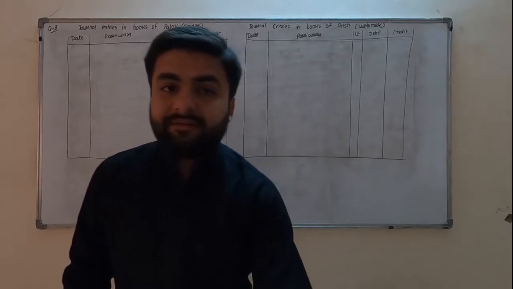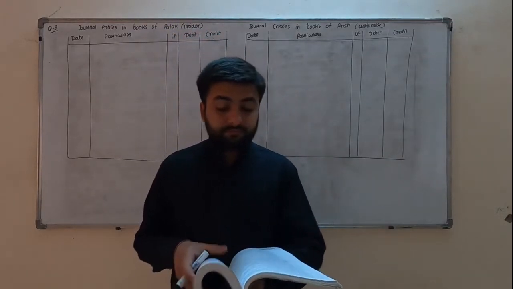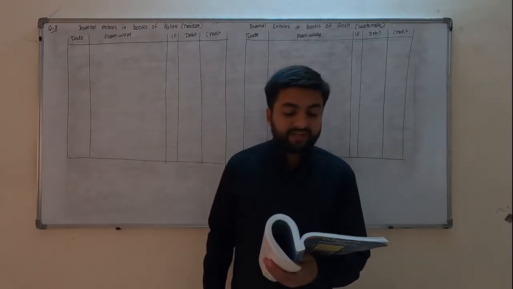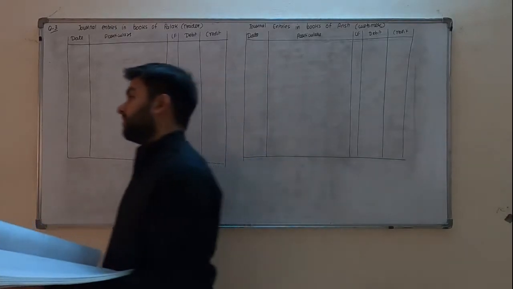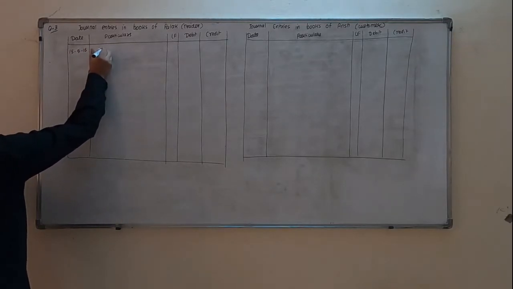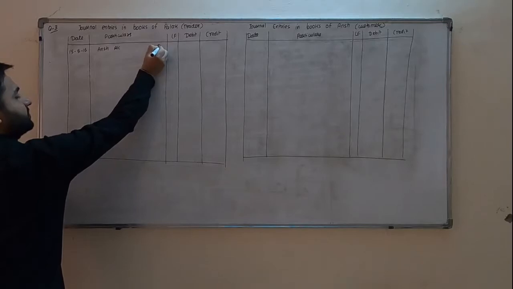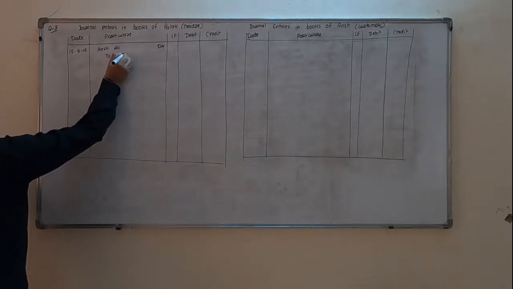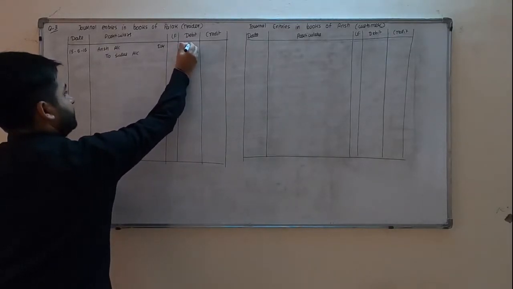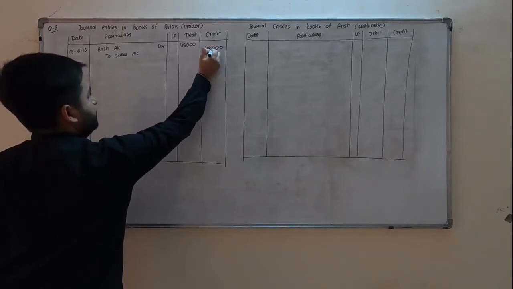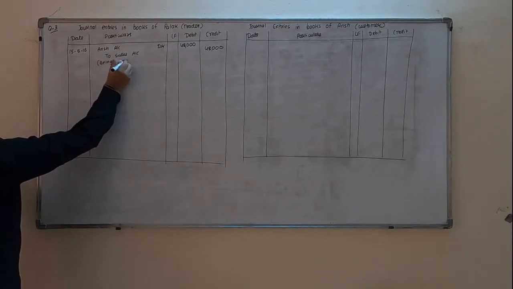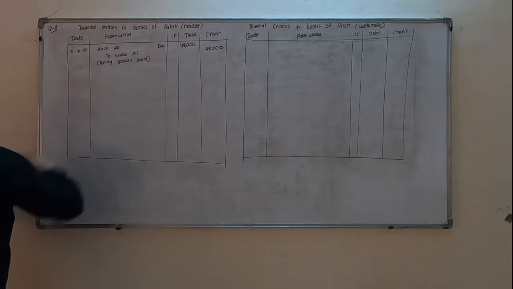Okay, let's start. Palak sold goods of 48,000 on credit to Ansh on 15/5/16. So the goods are sold to Ansh on 15/5/16. The entry would be Ansh account debit to sales account, amount 48,000, being goods sold.